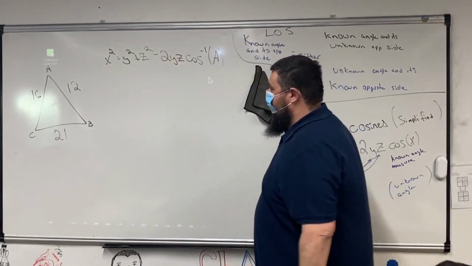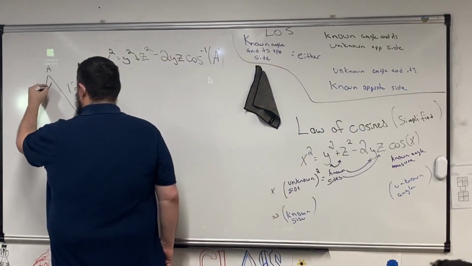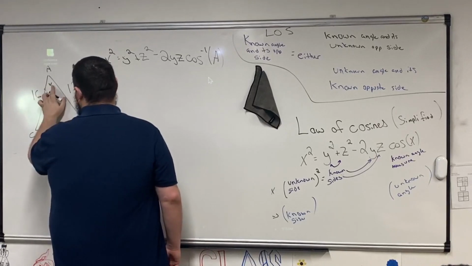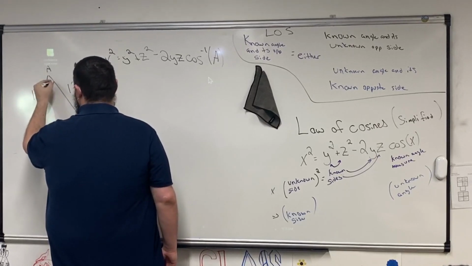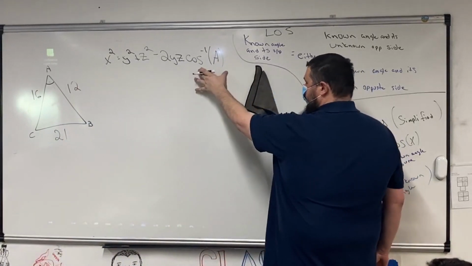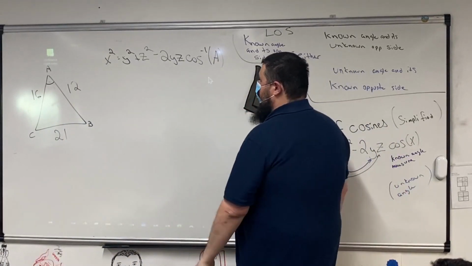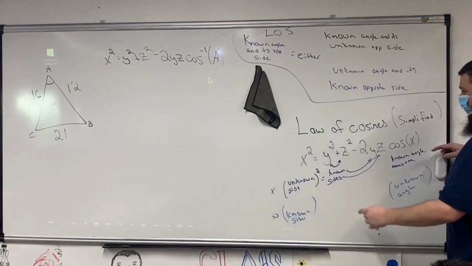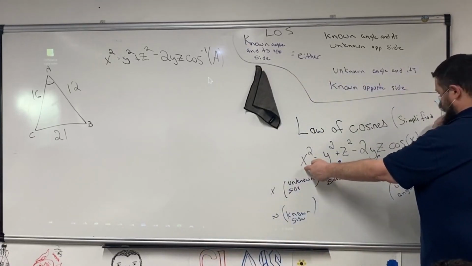So, if I am looking for A, I'm going to make that my X. No, we know we're looking for A. So, I'm not going to do anything with this. I'm going to start filling this in. Remember, these on the outside have to be opposite of each other.